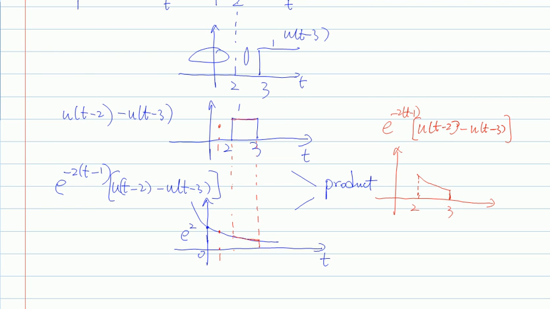Then you probably want to ask, what is the value when t is greater than 2 and less than 3? What is the value of this graph? The value of this graph is simply this. When the t value is within this range, you don't have to write the unit step function anymore. You can just write this exponential function here, and you can get rid of that.